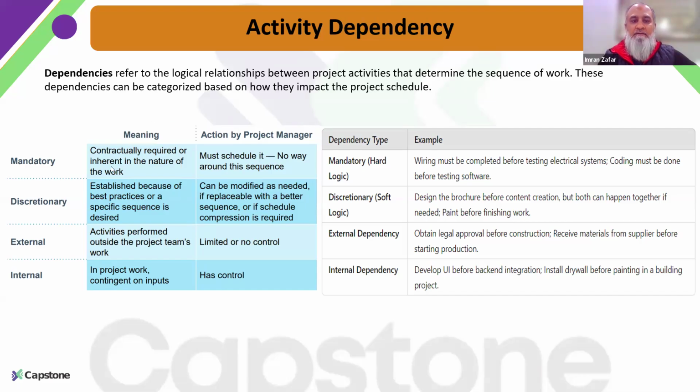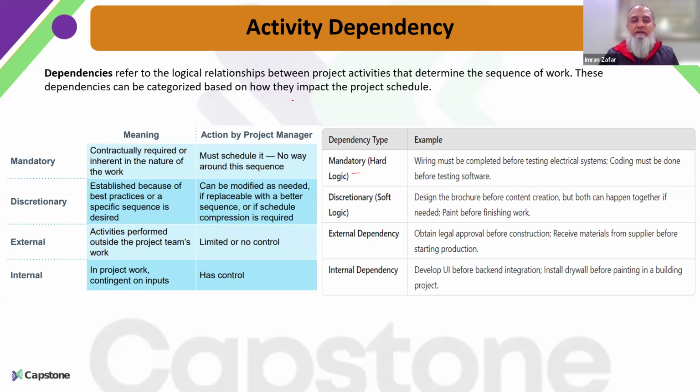Talking about dependencies, there are four main types. The first one is mandatory dependency, which is a kind of hard logic. It is something inherent in the nature of the work that we are doing, or we are contractually bound to perform it this way. Like we just saw in the example, we cannot start the excavation or construction work unless we have the permissions ready.